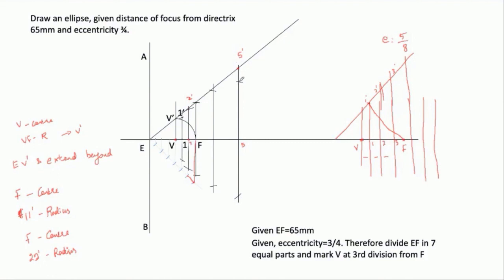So you will be getting this point. That way you construct for all the lines and join all those points, and you will be able to achieve an ellipse. Okay, so this is the construction of an ellipse using the eccentricity method.